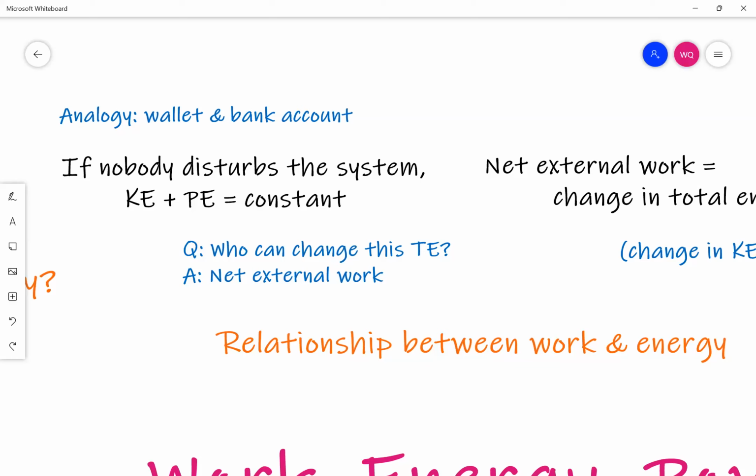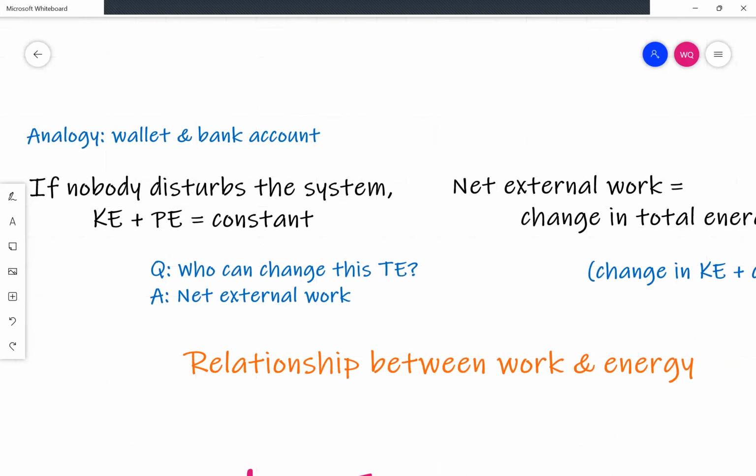My mom gives me $10. So you see, that is a way that you can grow your total wealth. In the same way, how can you change your total energy? You must do work. And there are different ways to do work. You can spend money, you can earn money, you can do positive work, you can do negative work.